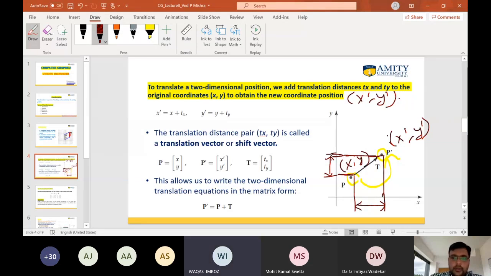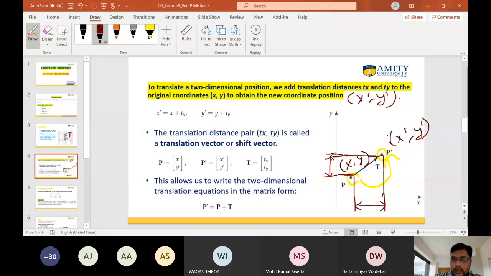That is what you will be adding. That is called the distance pair, a translation distance pair, Tx and Ty. Then only you will be able to go to P dash. How will you shift?